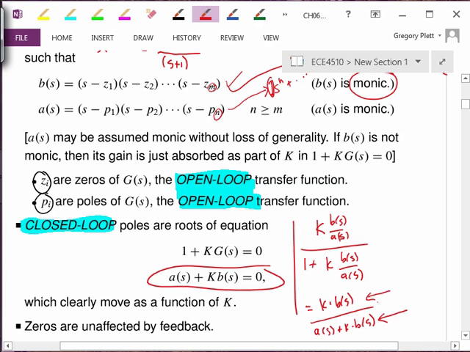The closed loop zeros are the roots of the numerator, but k is multiplying all of that, so I can factor it out. If k times b of s equals 0, I can divide both sides by k and get b of s equals 0, which is just what I started with. That's the same zeros as the open loop transfer function. So feedback does not move zeros, but it does move poles.